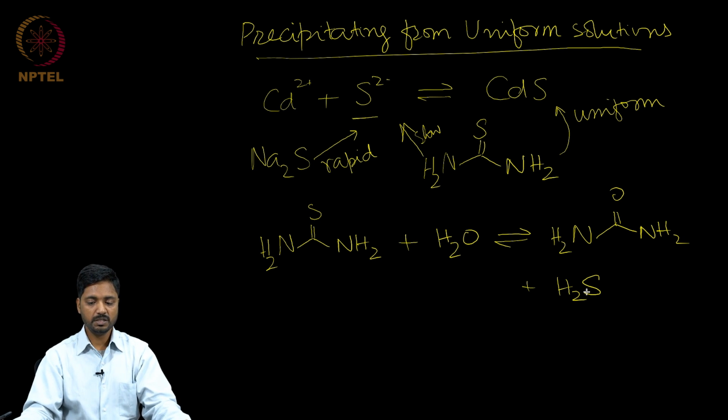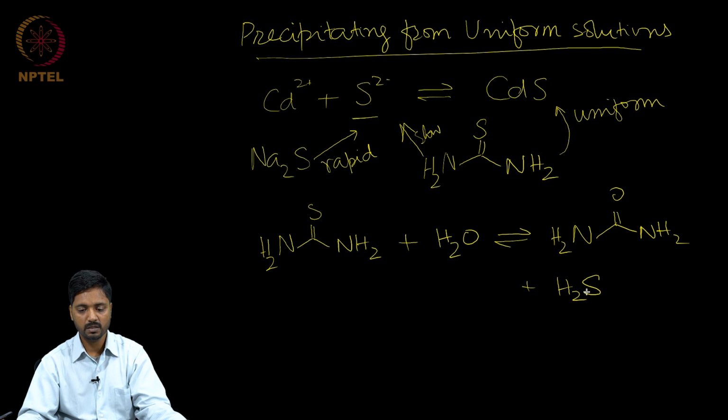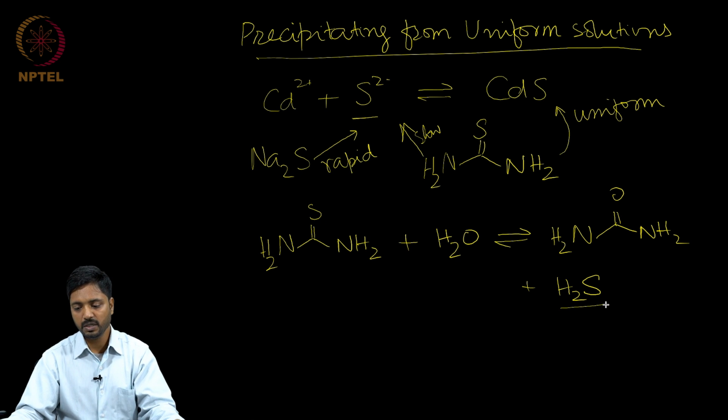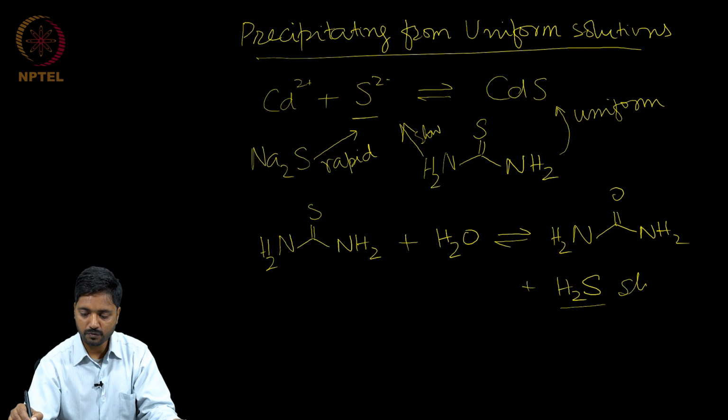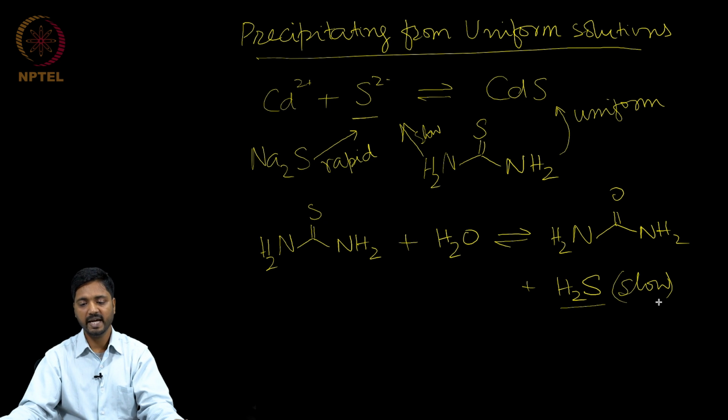Now, one reason why the carbon sulfur bond breaks and the carbon oxygen bond forms is because the carbon sulfur bond is weaker and that is being replaced by the thermodynamically more stable carbon oxygen bond. But this process happens more gradually and results in slow generation of the hydrogen sulphide gas in the reaction medium.